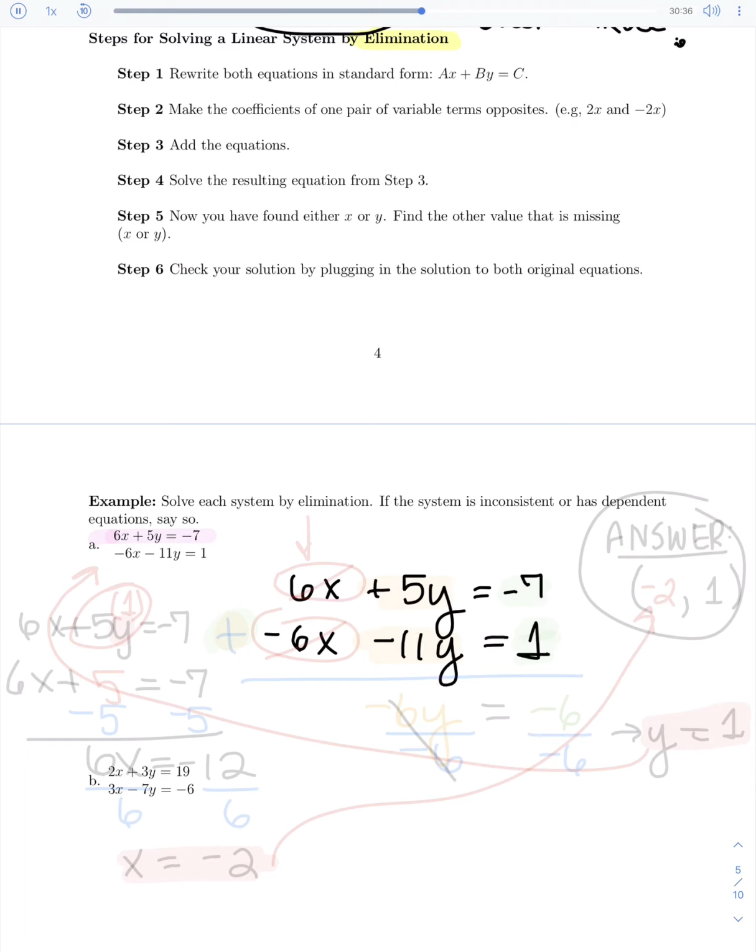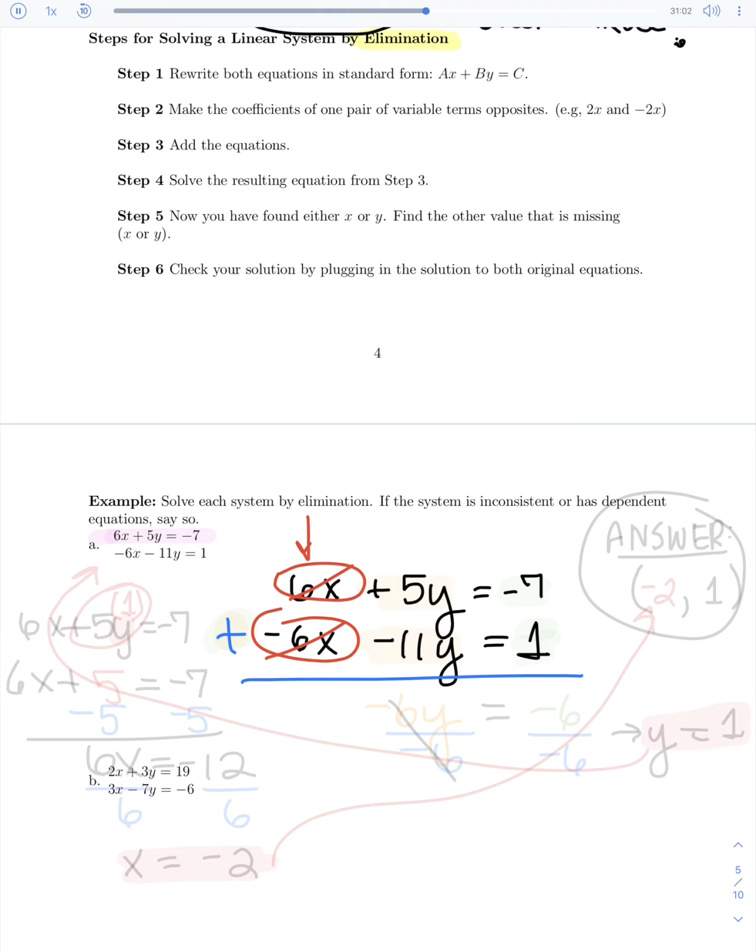What elimination has you do is take your two equations and add them together. And what happens is one of your variables needs to eliminate when you're adding. Well, notice that happens on this one. Something eliminates because when you add the 6x and the negative 6x, they'll just cancel out because they're opposites. This is called elimination.